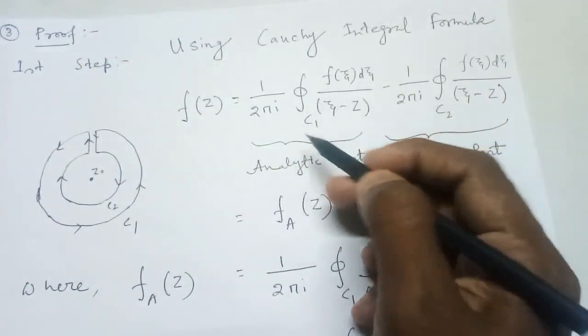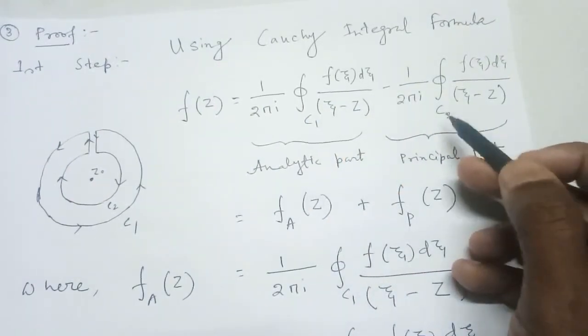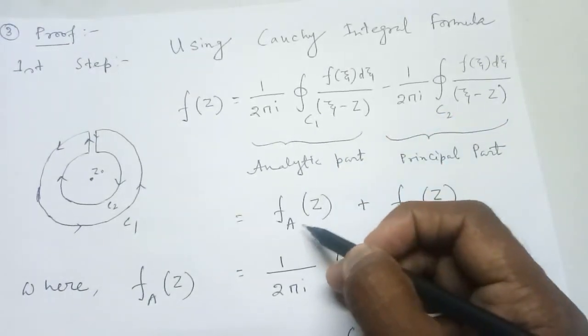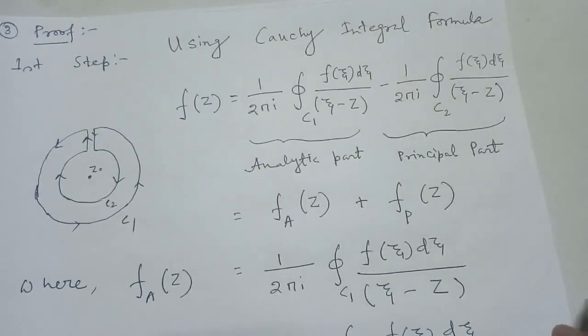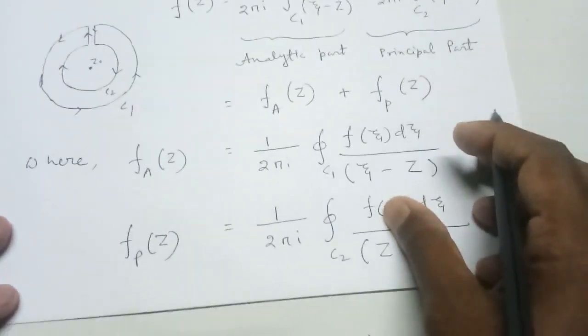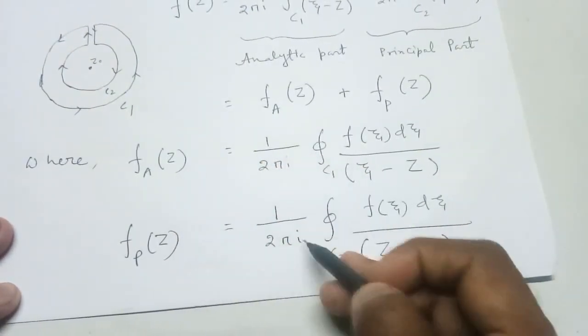We call this part the analytic part and we call this part the principal part, and we write them down as FA(z) and FP(z). And to develop Laurent series expansion we need to evaluate the analytic part and principal part.